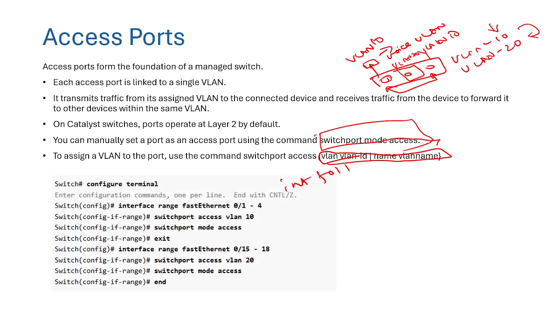So this is the configuration as I mentioned. First you set the mode in which the switch port operates, then you configure the VLAN under that particular interface. You can do it interface by interface, or here I have used an interface range from 0/1 to 0/4. The four ports 0/1, 0/2, 0/3 and 0/4 will be applied to access VLAN 10.